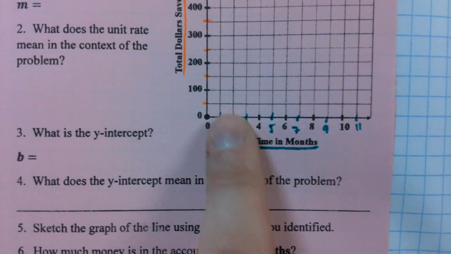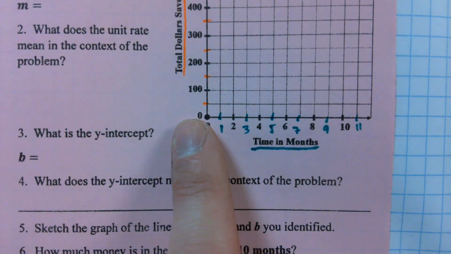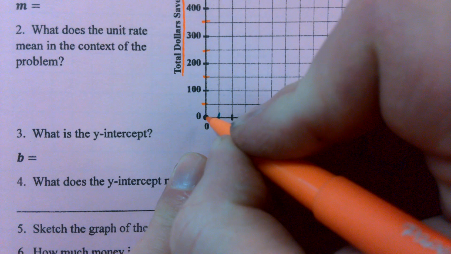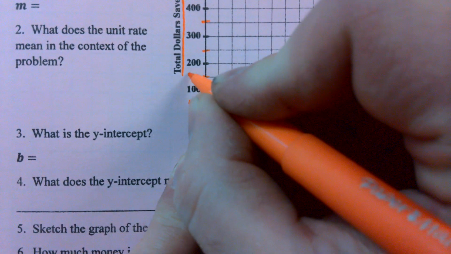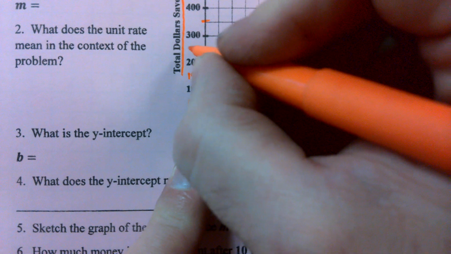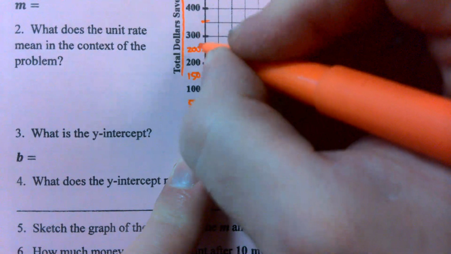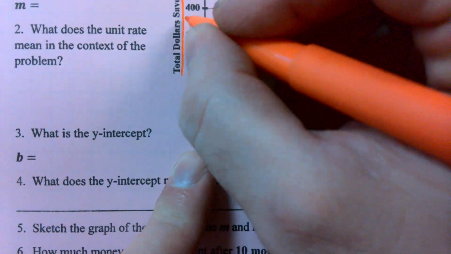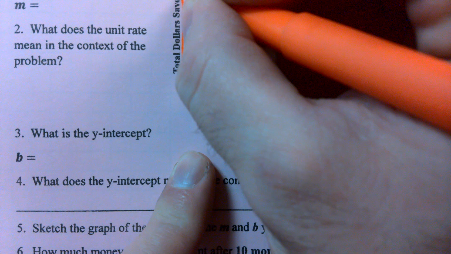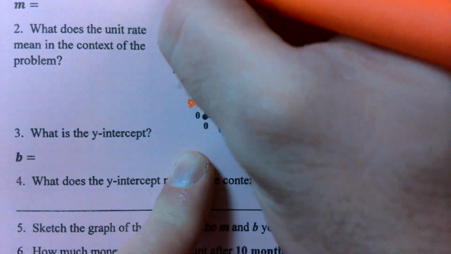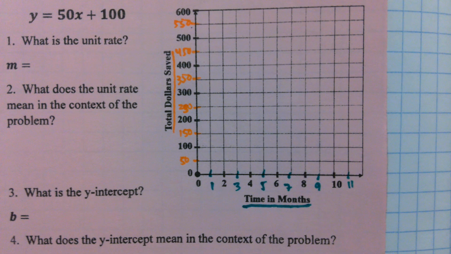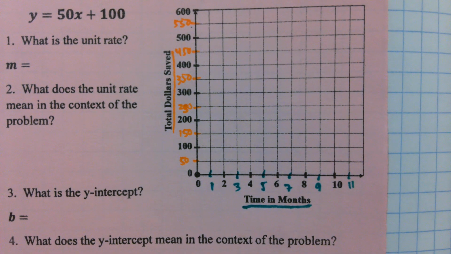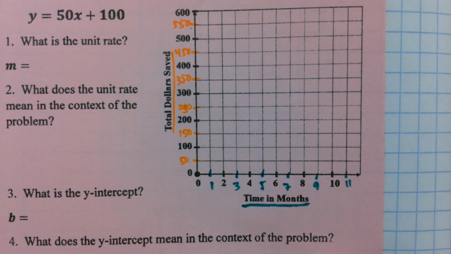No. How much is each square on the y-axis worth? $50. Because halfway between 0 and 100 is 50. Between 100 and 200 is 150. Then we got 250, 300, all the way up. So we're just going to fill in our axis to make sure we understand what we're looking at.